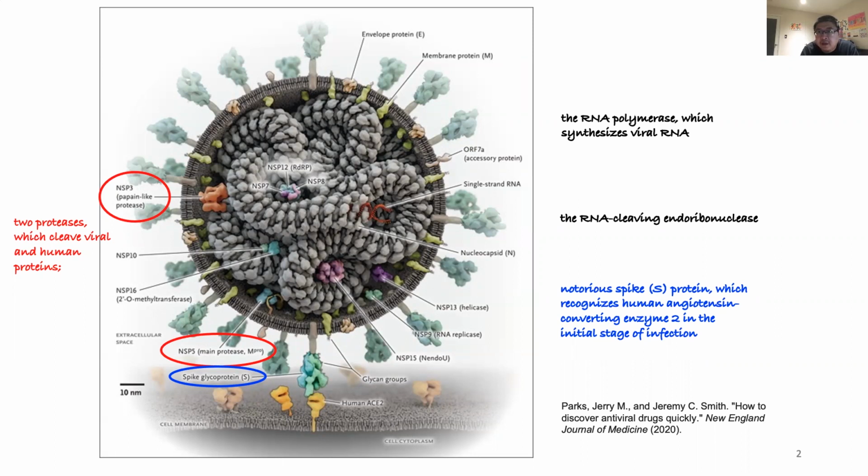Among these are the notorious spike protein, which recognizes the human angiotensin converting enzyme 2 in the initial stage of the infection, and 2 proteases, which cleave viral and human proteins, and the RNA polymerase, which synthesizes viral RNA, and the RNA-cleaving endoribonuclease.